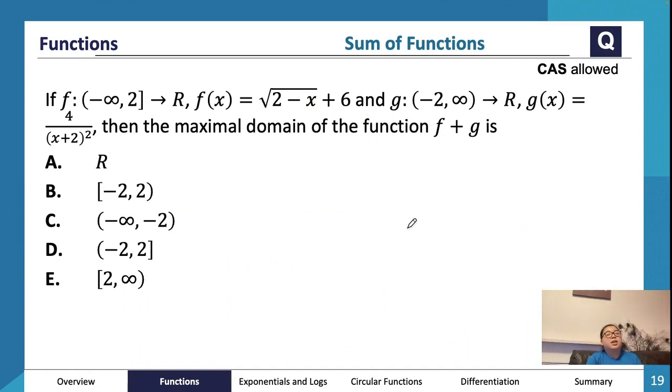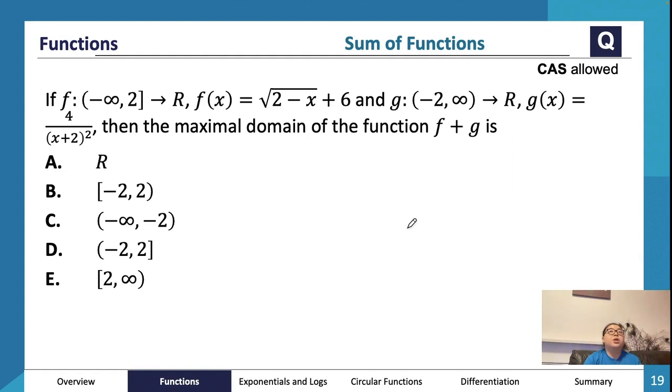Okay, now let's talk about a question on this. Alright, let's talk about questions. We have f of x and g of x, and we are trying to find the maximal domain of the sum of the two functions.